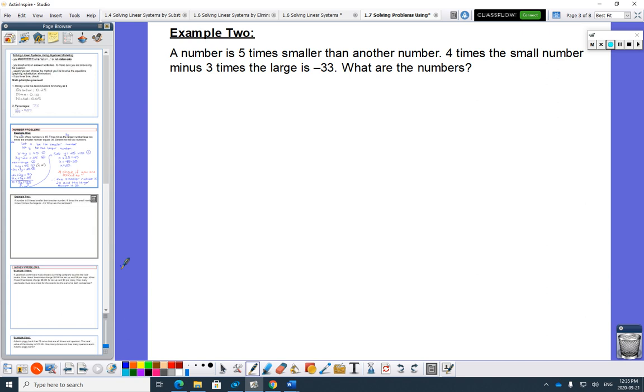So again, we're going to do the same thing. X is going to be the smaller number or y. It doesn't matter what you want to do. I'm just going to keep it the same. So I'm going to make x a smaller number.